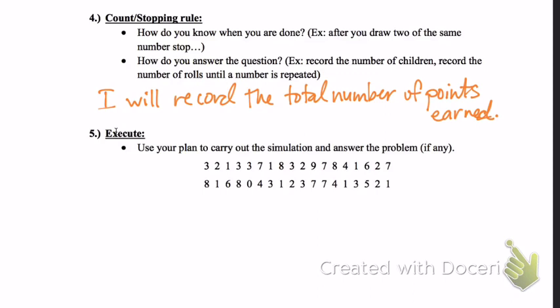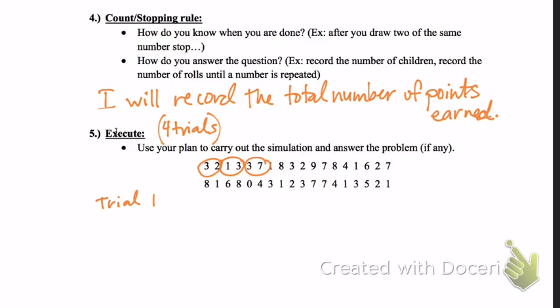Let's do 4 trials, but if it were an AP test, it would tell you. I'm going to say let's do 4. That's 12 two-digit numbers. Okay, so trial 1, I have 32, 13, 37.